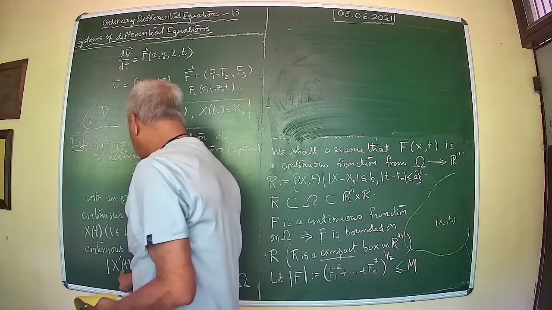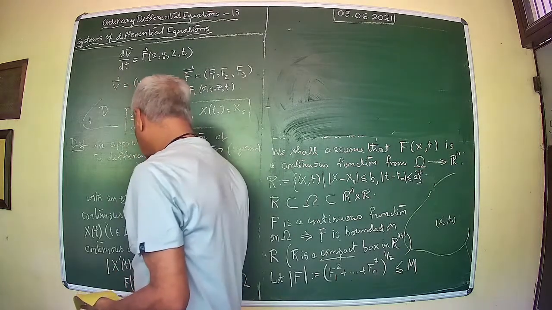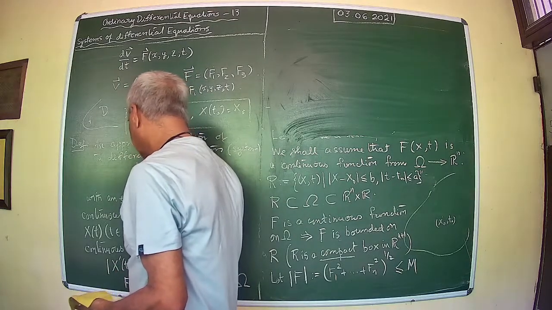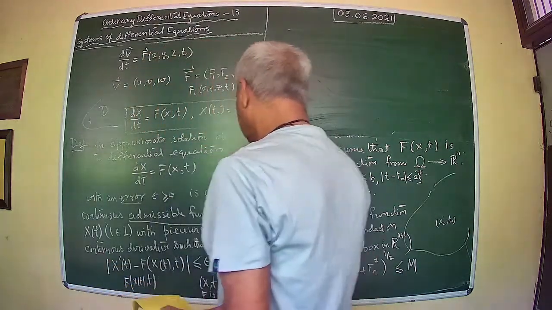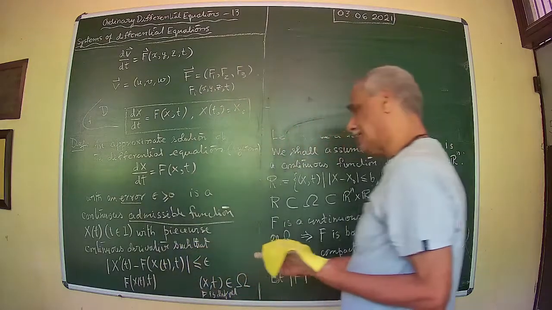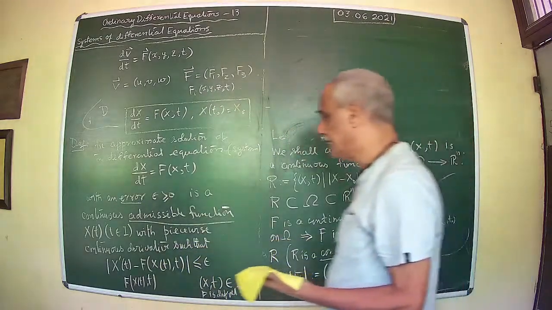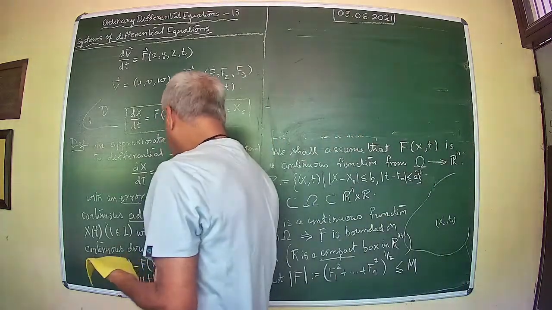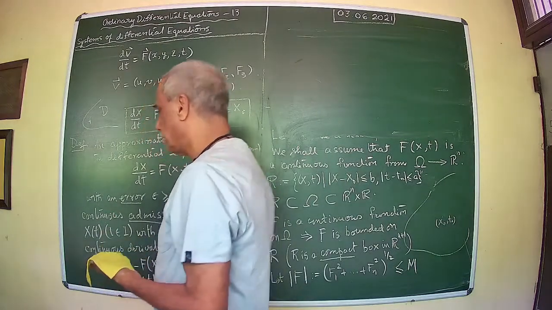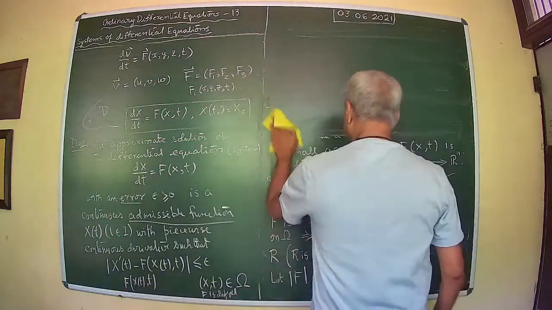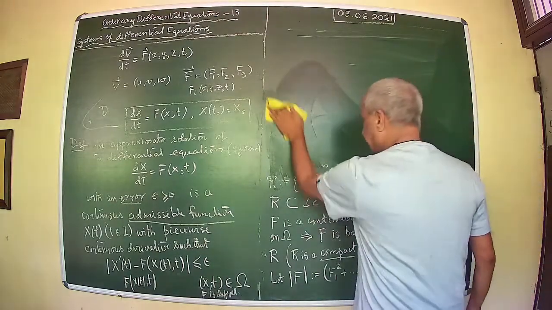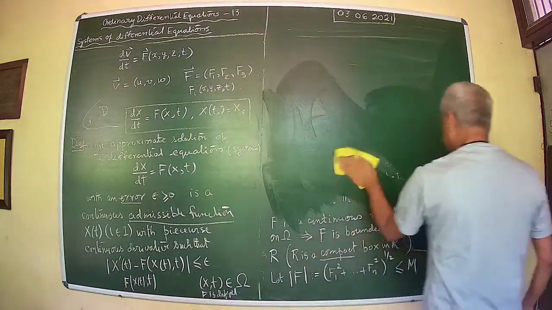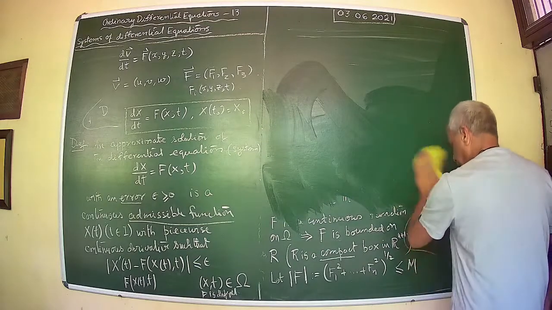The difference between these two, in the sense of the norm of Rn, should be less than epsilon. So that is the criterion. The modulus that I have put here is a norm in Rn. Once you get the notation clear, then everything is fine.